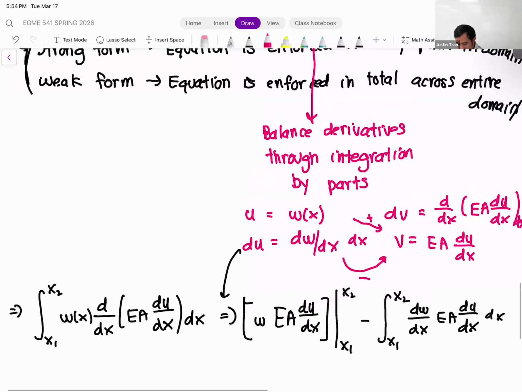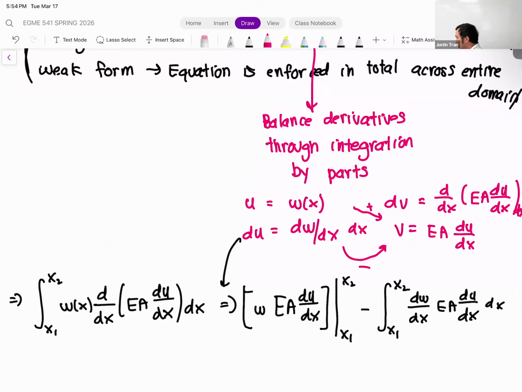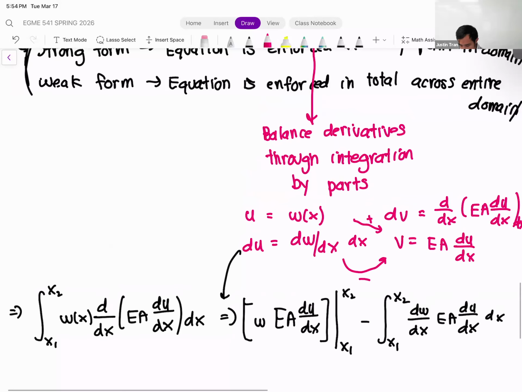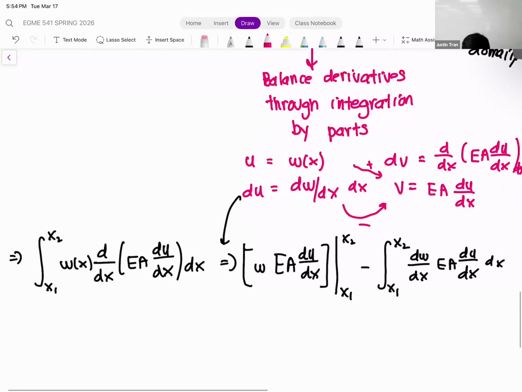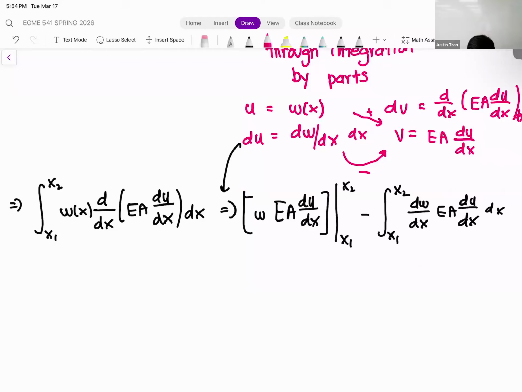By performing integration by parts, we get two very interesting expressions, and you're going to see that it all comes back to our boundary value problem definition. Before we go on, any questions on how we got to this point? Okay, good. Let's look at the first term.